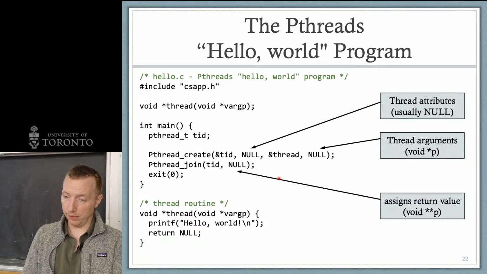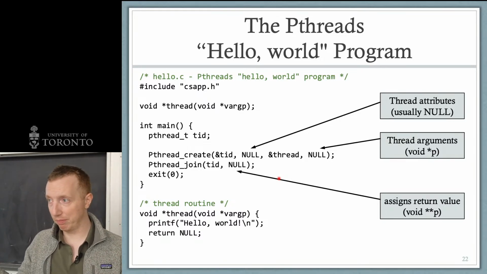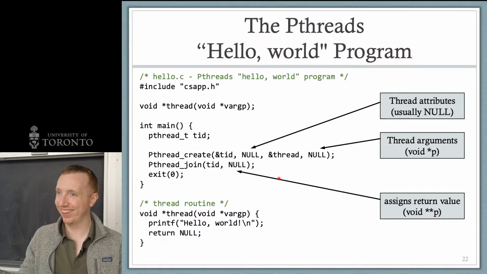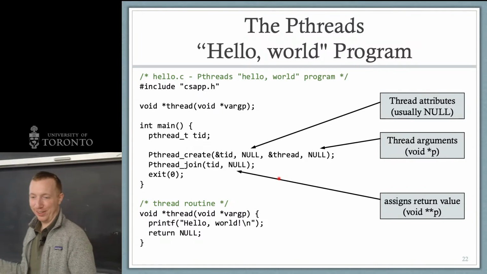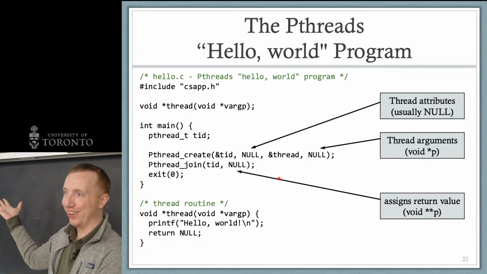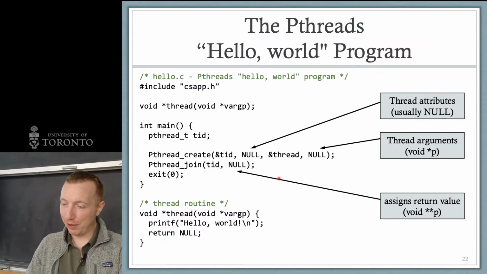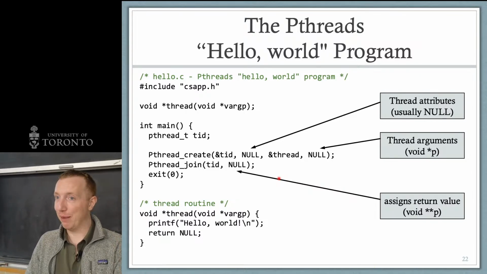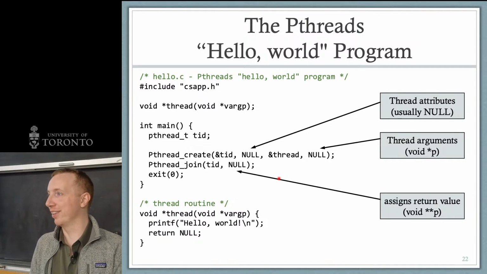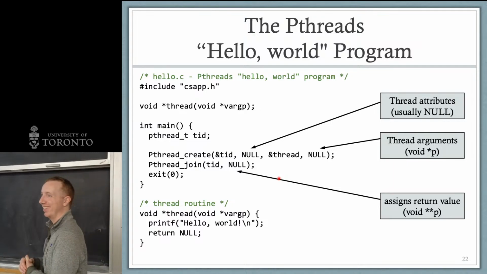So this is a pthread hello world. Everyone okay with this? Again, not sure why this is here. This should be completely reviewed. So, if I run this, what happens? Goodbye world.